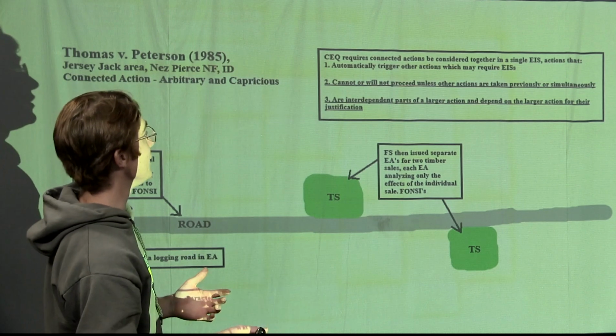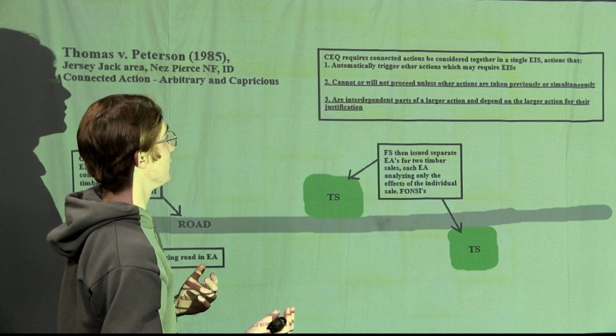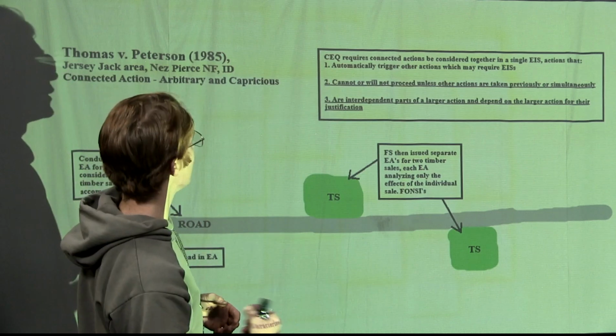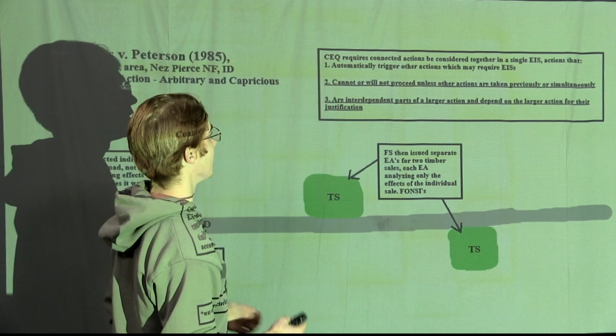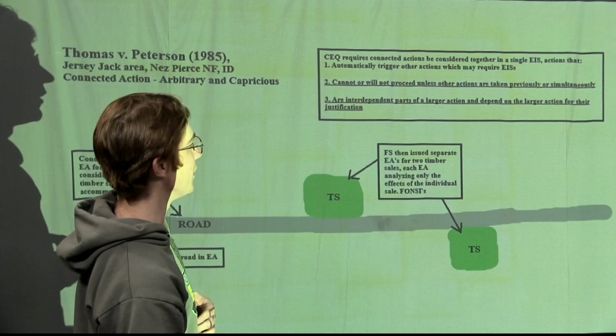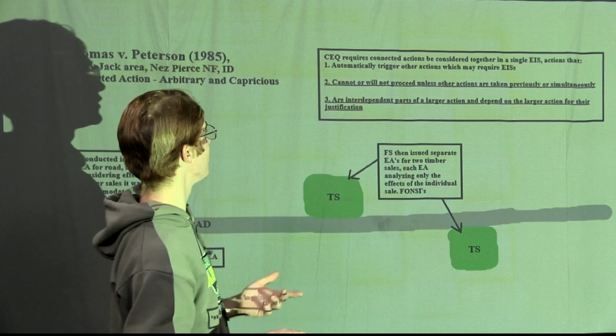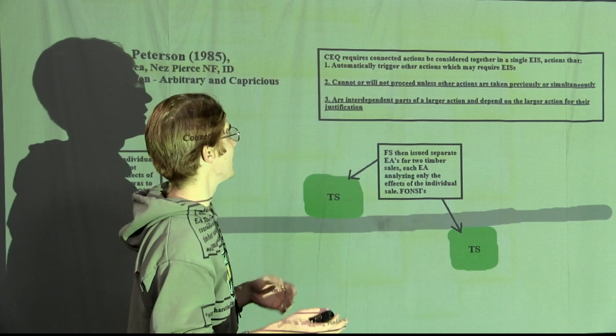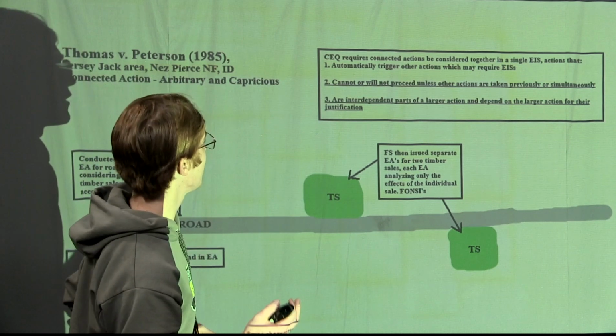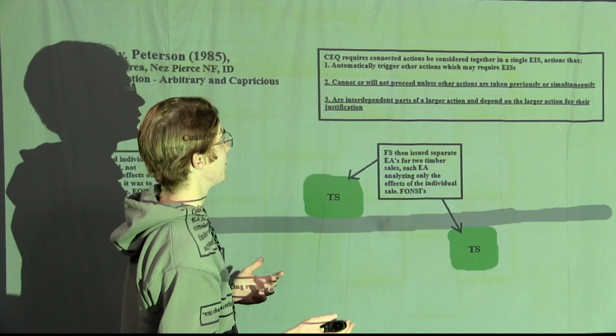The Council on Environmental Quality, which administers NEPA, has definitions of connected actions. The first kind of definition is that an action automatically triggers other actions which may require an EIS.